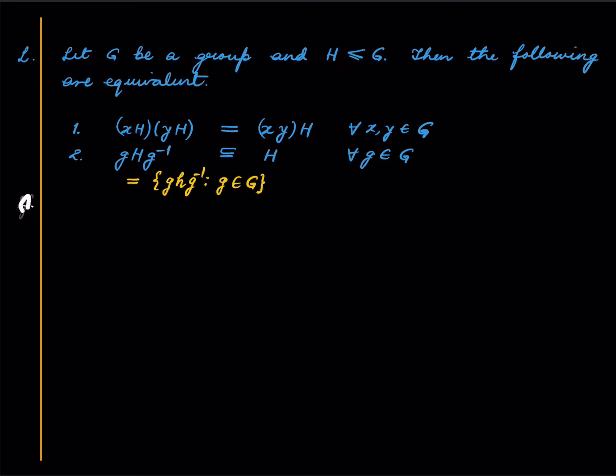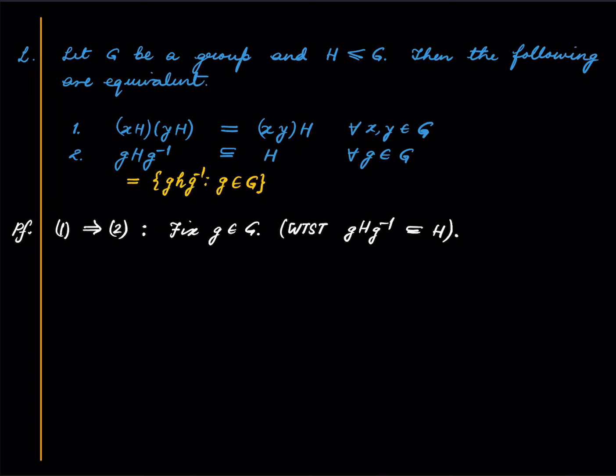So let us show that one implies two. Right, maybe I should erase that. Yeah, so we assume one and fix a little g. And we want to show that g H g inverse is contained in H. Of course, we are assuming one.